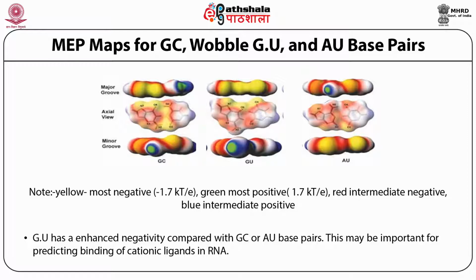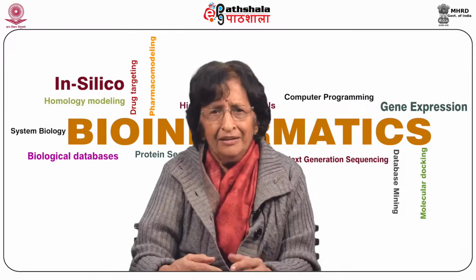If you look carefully in these three views, along major groove, axial view, and a minor view, you can notice definite differences between the GU base pair, GC base pair, and AU base pair. GU has enhanced negativity compared to GC or AU base pair. This may be important for predicting binding of cationic ligands to RNA molecule.